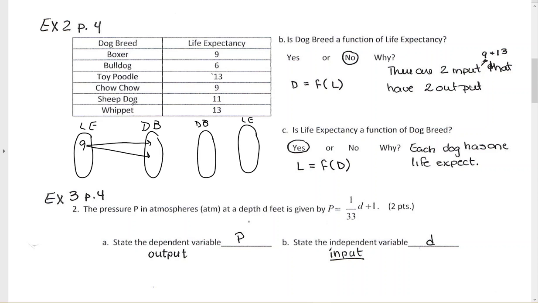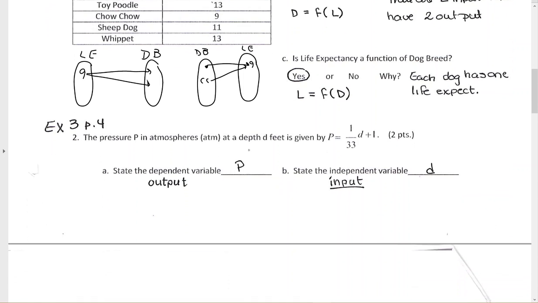I don't have the same dog breed listed twice here. For a boxer, it maps into 9. And even the chow chow maps into 9, but the chow chow doesn't also map into another life expectancy number. So because each input maps into exactly one output, it is a function. Each dog has only one life expectancy, not 2 or 3.